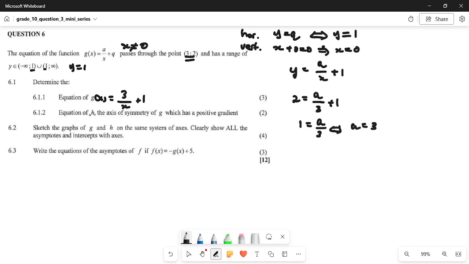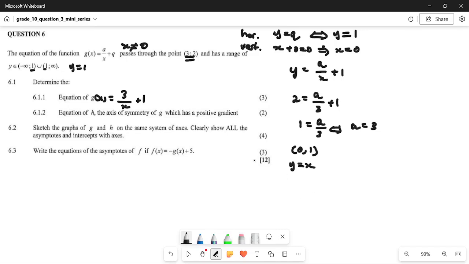And now the second question: determine the equation of h, the axis of symmetry of g, which has a positive gradient. I will take my asymptotes. I have asymptote x is equal to 0, and then I have y is equal to 1. So I've got 0 and 1. My original axis of symmetry with a positive gradient is defined by the line y is equal to x, right?